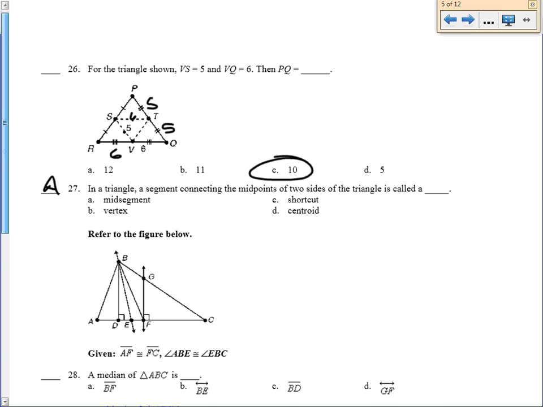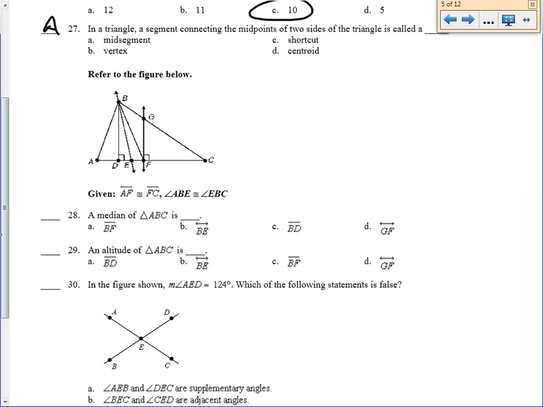It says refer to the diagram below for several questions. A median. What does a median do? Middle. So which one of those would be the median? D is a point now. That would be the altitude. BE, there's nothing here. I don't believe that.